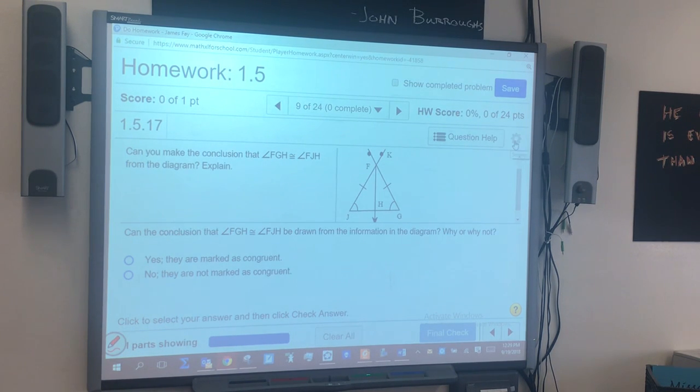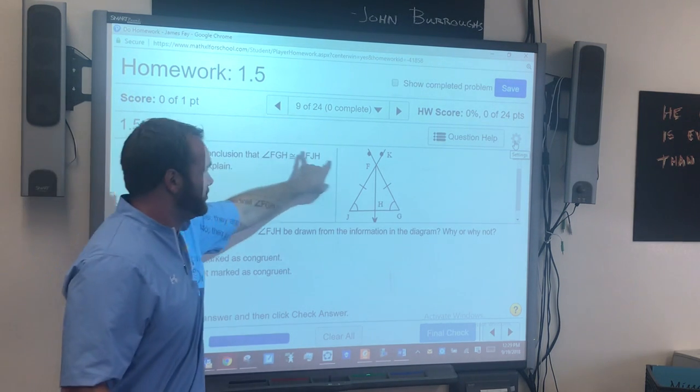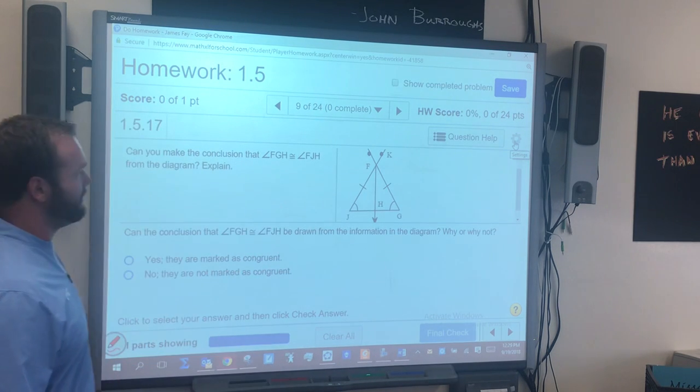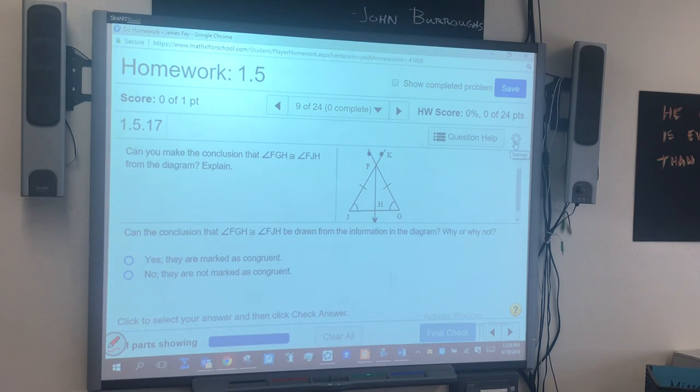It says, can you make the conclusion that angle FGH is congruent to angle FJH? Depending on the version, these things might be interchanged with something else, so we'll go through a couple of different problems here.